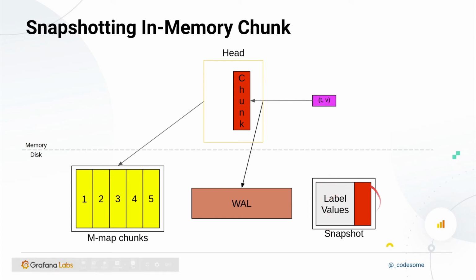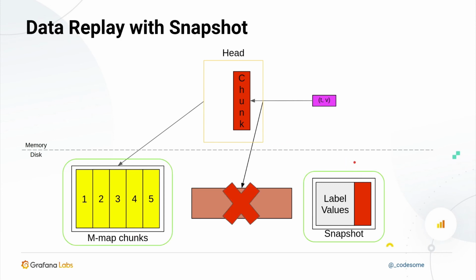So at this point, you know what the old chunks are, and you don't need to go through the write ahead log because you already know what the samples in the active chunk are, because we just flushed it during shutdown. So the replay with this snapshot just consists of going through the memory map chunks and the snapshot, and you don't need to go to the write ahead log.